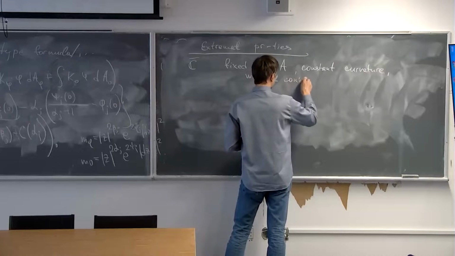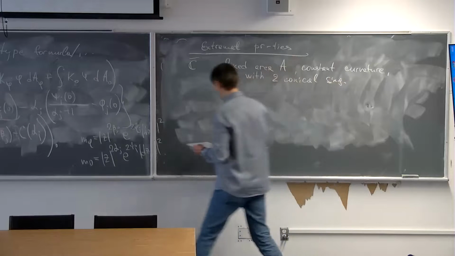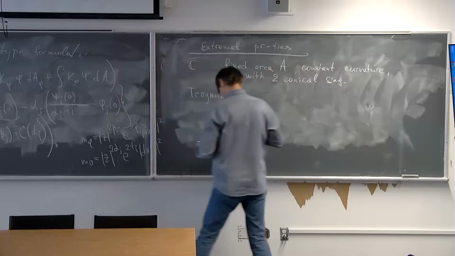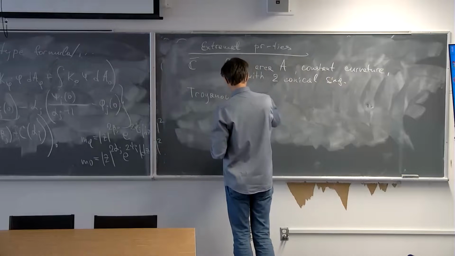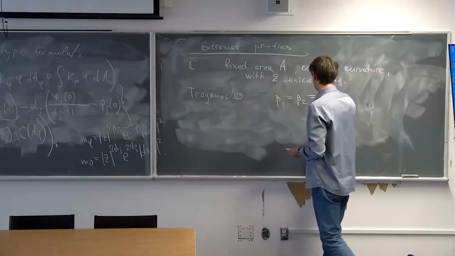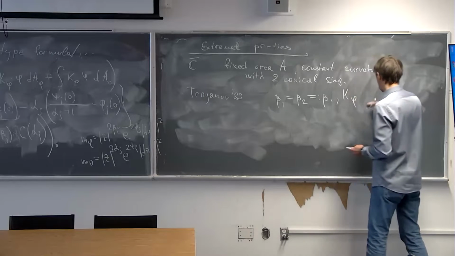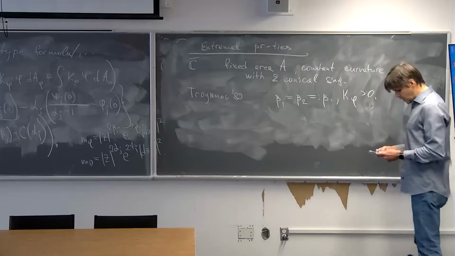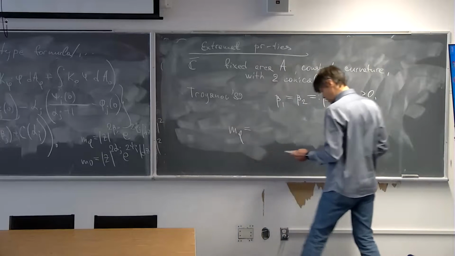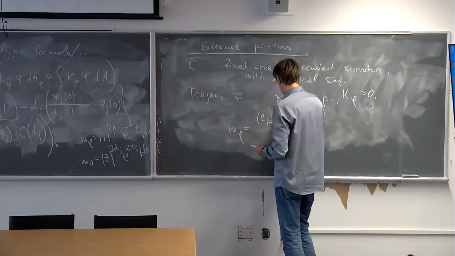Then, because of a result due to Troyanov, the orders of those two conical singularities are equal. So let's denote them by beta. And the regularized Gaussian curvature is positive. So in fact, up to some isometry, the metric on the Riemann sphere can be written like this. So it's an explicit formula.